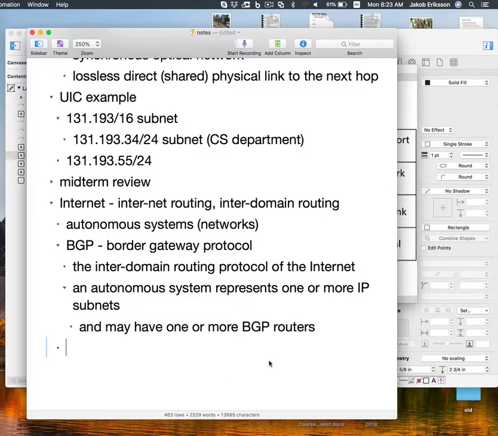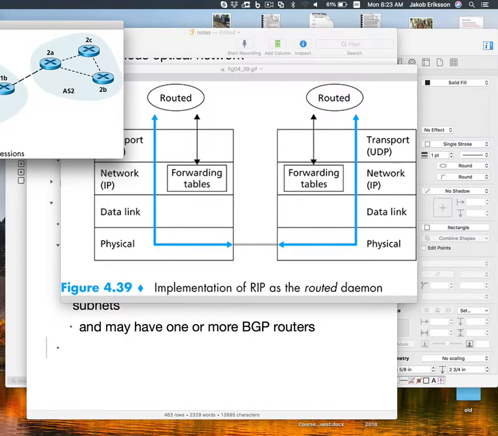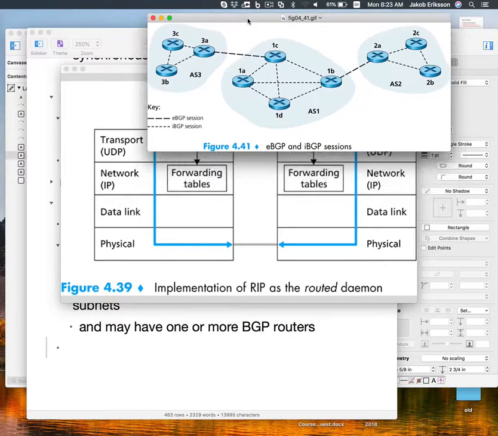So your autonomous system, in fact, let me see if I can find, yeah, okay. So here's 3 autonomous systems, AS1, 2, and 3. They each have several BGP routers. The only really important routers in this particular drawing are these 2 and these 2.